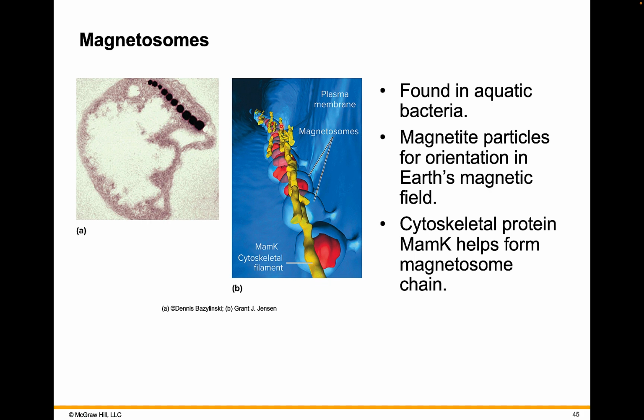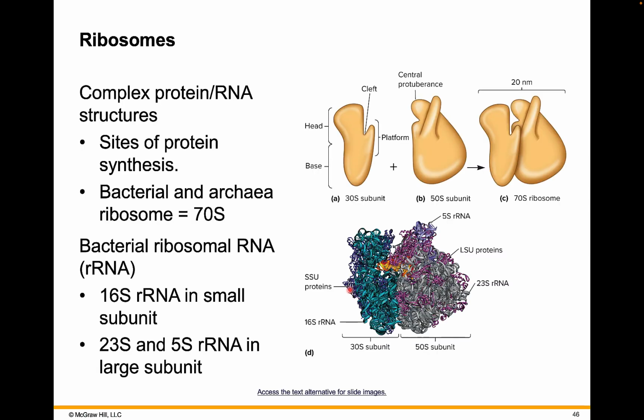These are associated with these magnetites, and they are oriented in certain directions. And why is this important? Because this actually helps to orient the bacteria in a certain way, at a certain depth. And again, these are all essentially to receive the maximum amount of nutrients. So that's also very interesting for some of the magnetotactic bacteria.